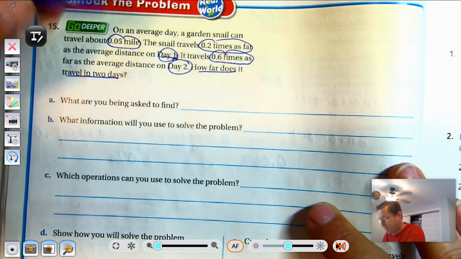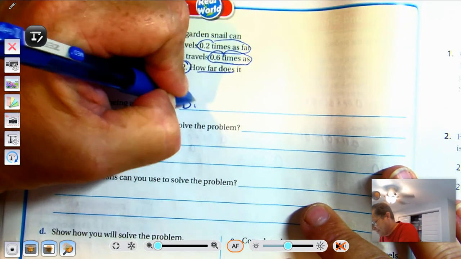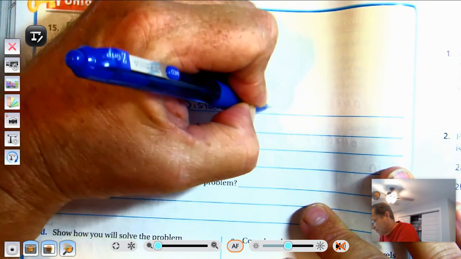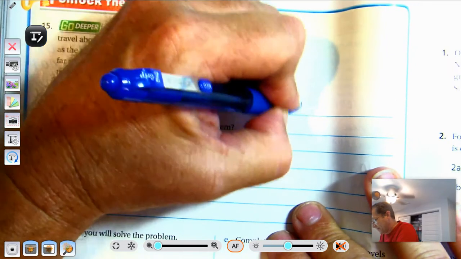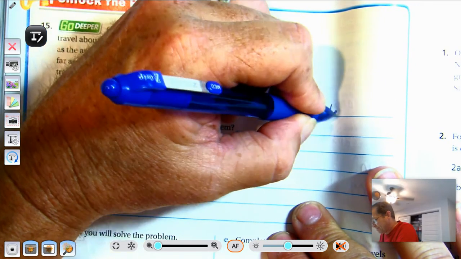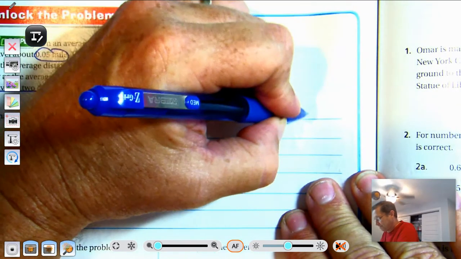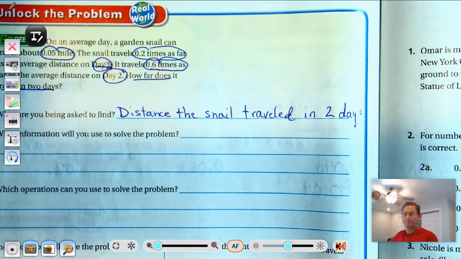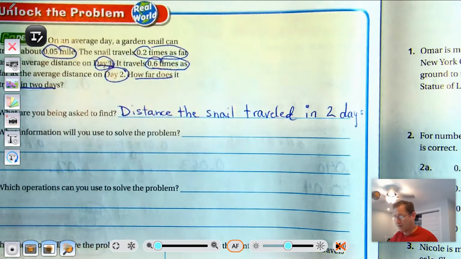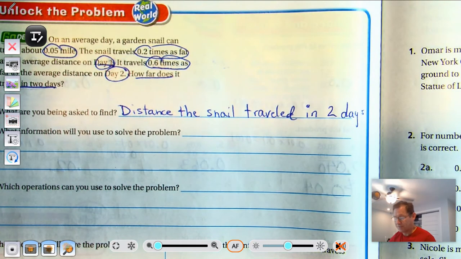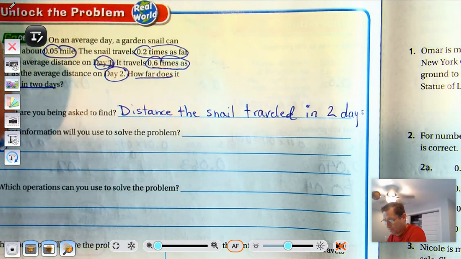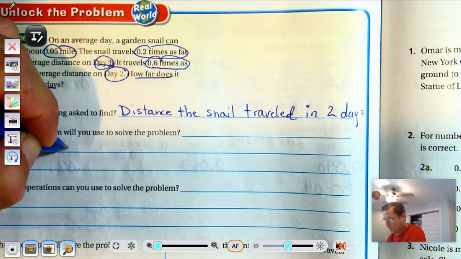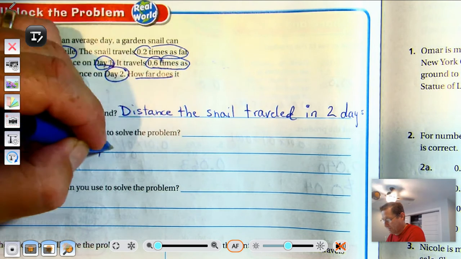So what do we need to find? We need to find the distance the snail traveled in 2 days. What information do we need to use in the problem? Well, we need to know that it's 5/100 mile per day on average.